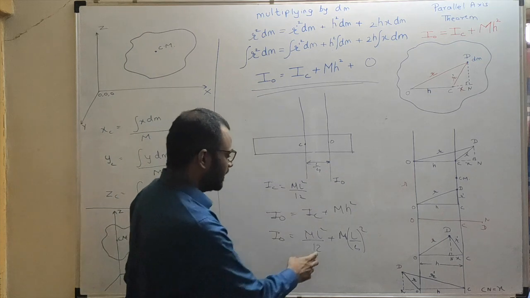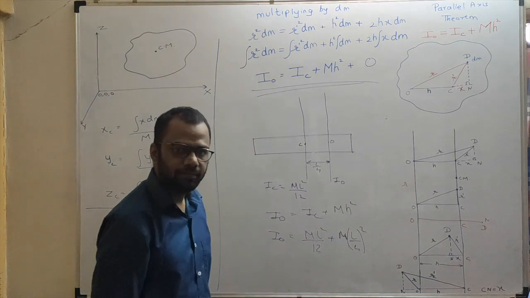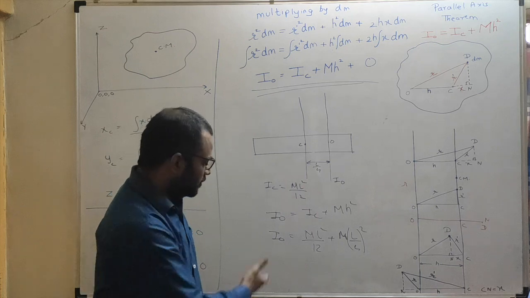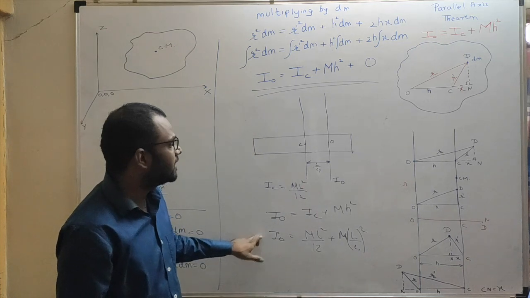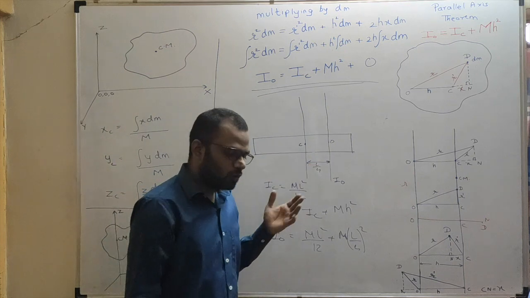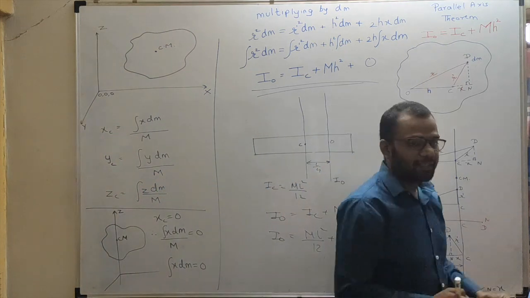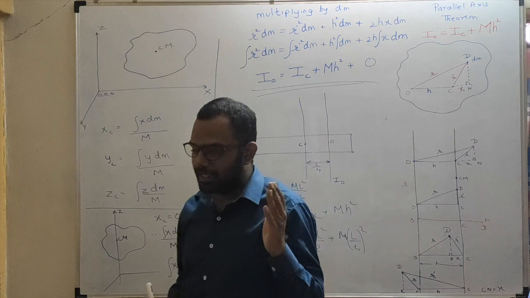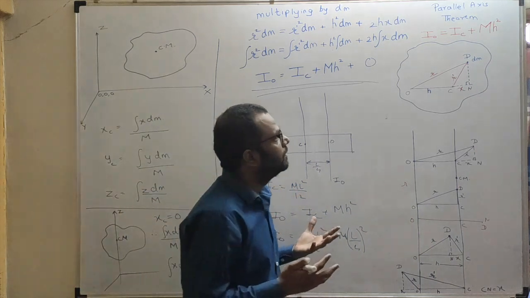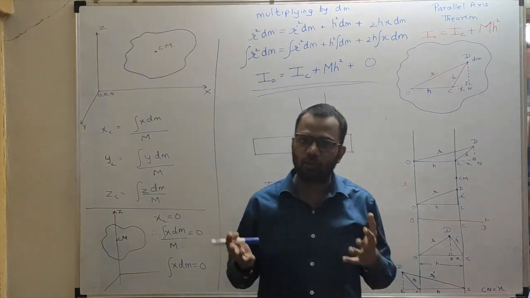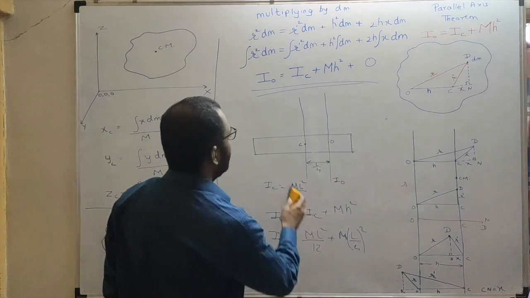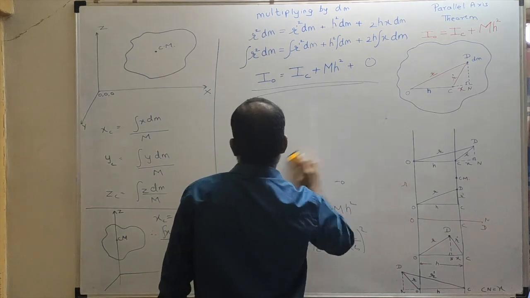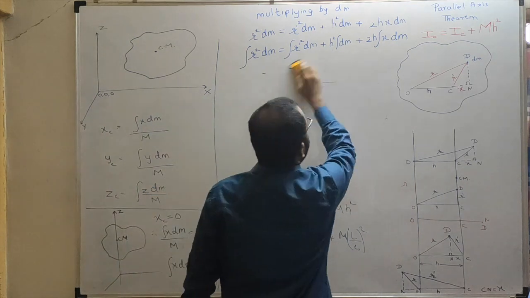So this will be nothing but ml square by 16. And solving this you will get the moment of inertia about the axis passing through this point. So this is how parallel axis theorem is used. To make use of this theorem, we need to know the moment of inertia about an axis passing through its center of mass. Fine? So I hope you have understood this theorem.